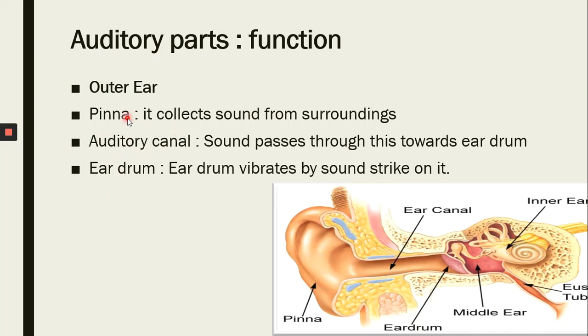The function of the pinna is to collect all the sounds from the surroundings, and that sound passes through the auditory canal towards the eardrum and falls on it. The eardrum is a very delicate membrane, and it starts to vibrate.